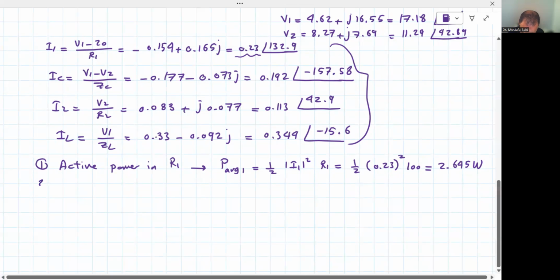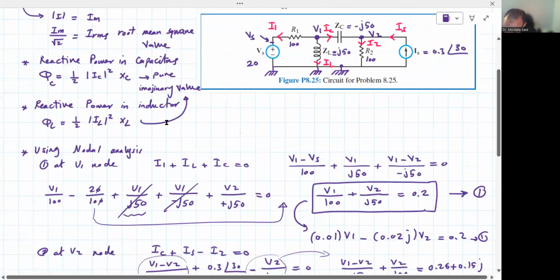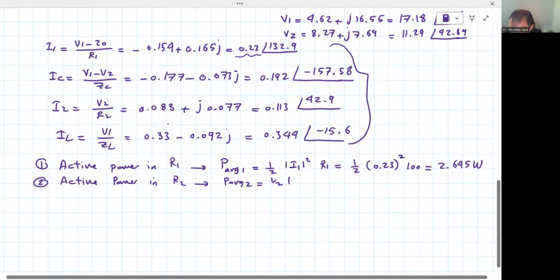Number two, another active power, the active power in R2. The active power is only in the resistances. P average 2 is half. What is the current flowing in R2? It's I2. So half I2 amplitude squared times R2.